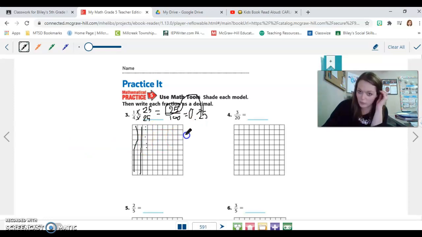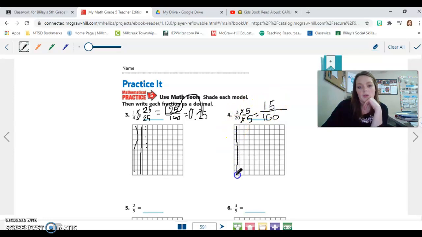Let's look at number 4. I have 3/20. My bottom number needs to be 100. So what do I need to multiply 20 by to get 100? We're going to multiply it by 5. What I do to the bottom, I do to the top. 20 times 5 is 100, and 3 times 5 is 15.